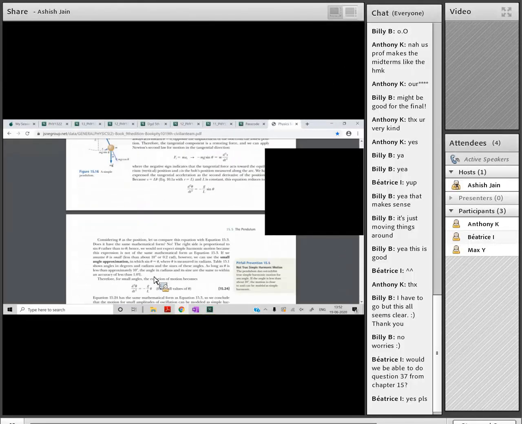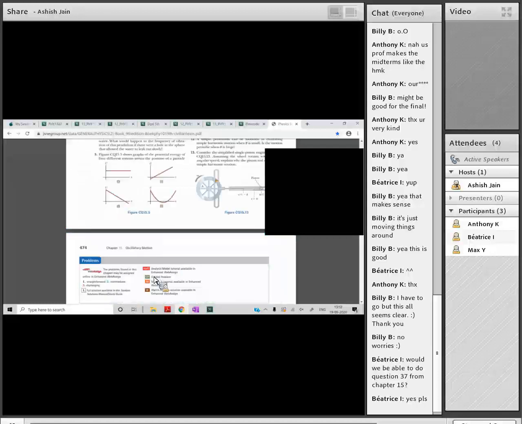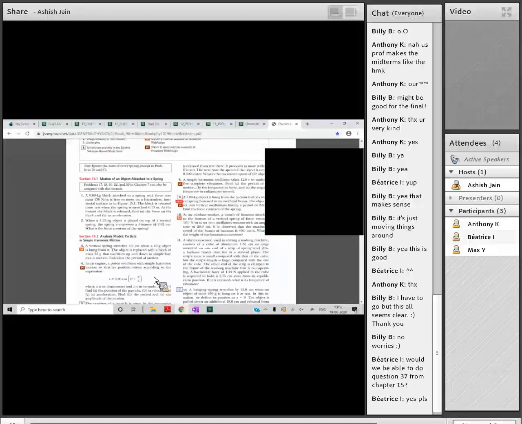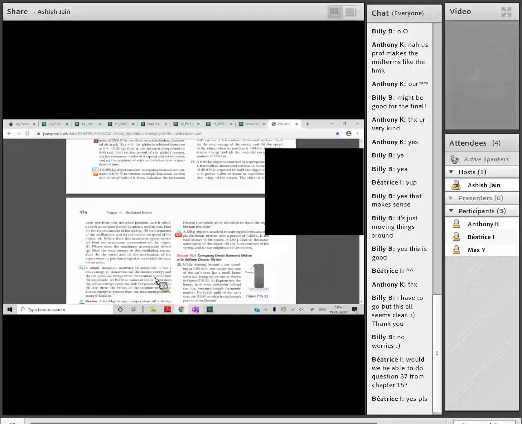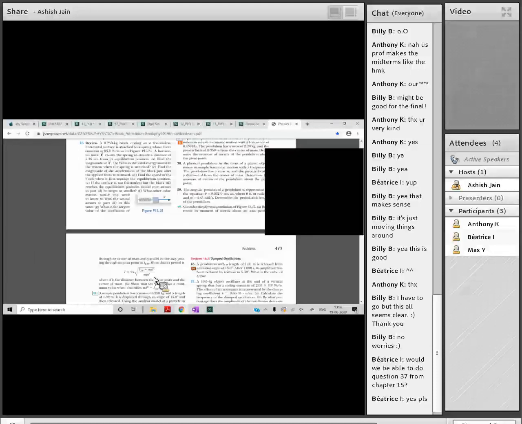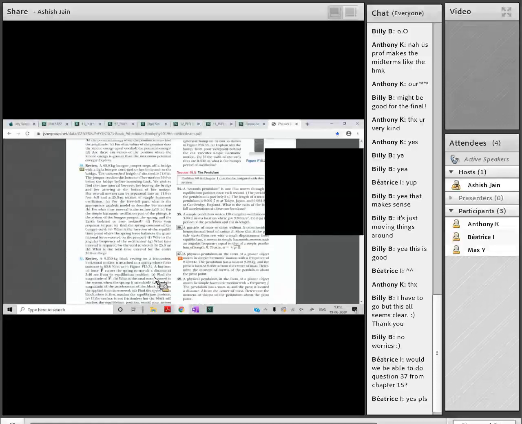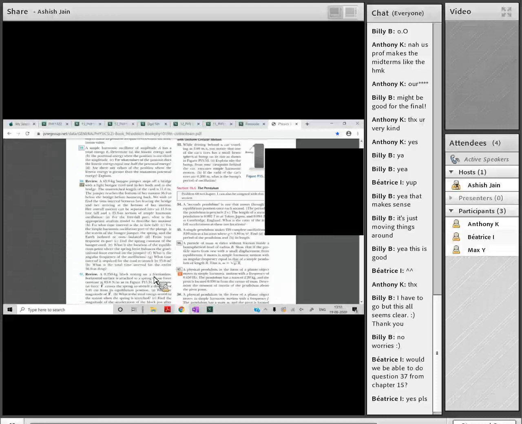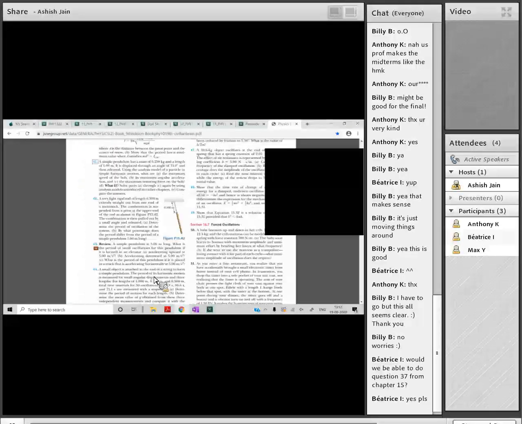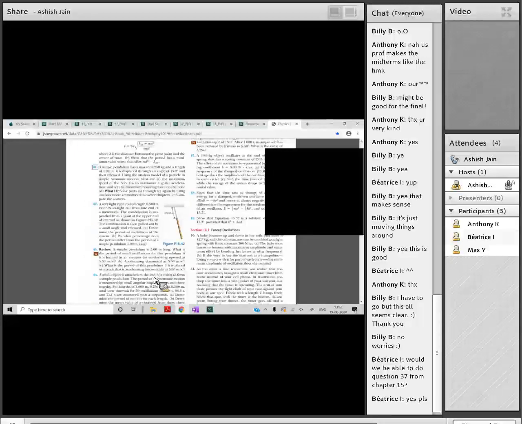Oh, this is the old book I have. Let me see which question in this old book. I don't have the ID. I cannot log into the ID. So it's forced oscillation. Which section is it?